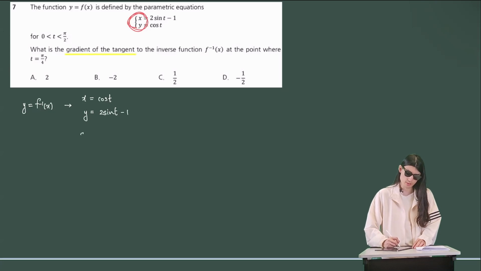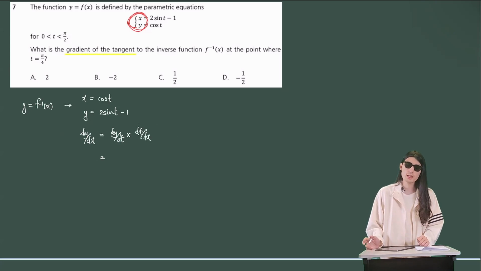Of course, dy dx would be dy dt multiplied by dt dx. You use the chain rule like this in case where your function is defined parametrically.